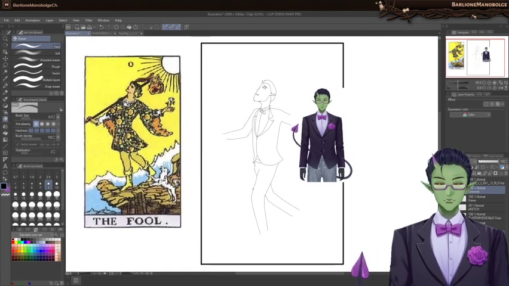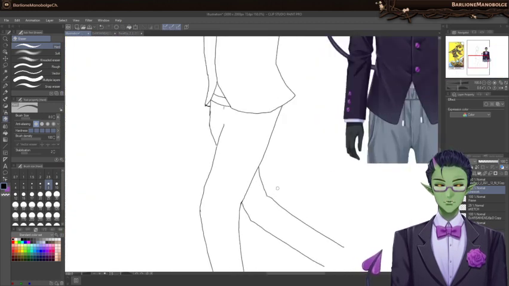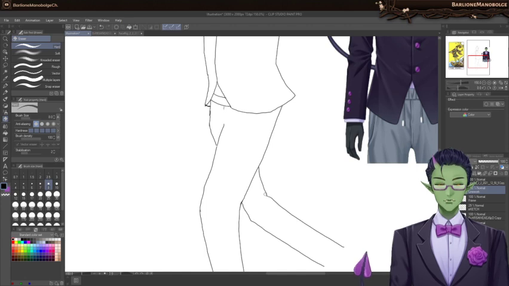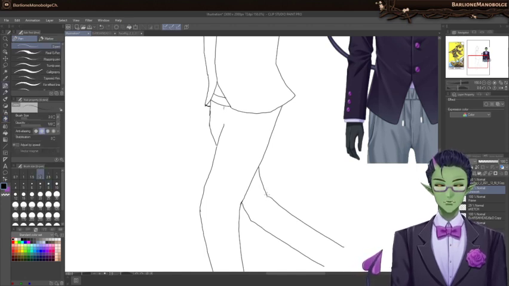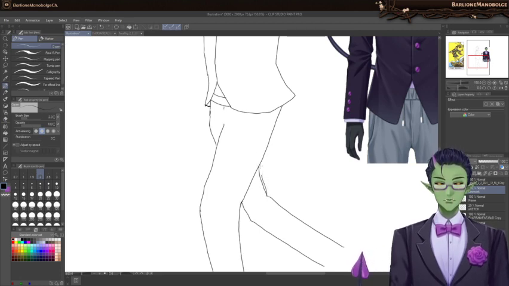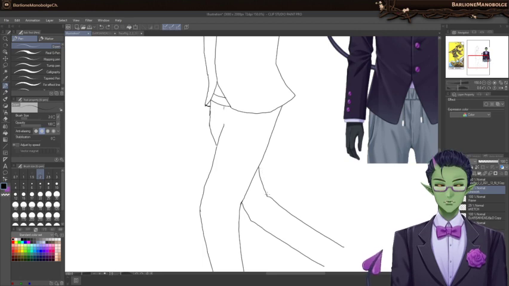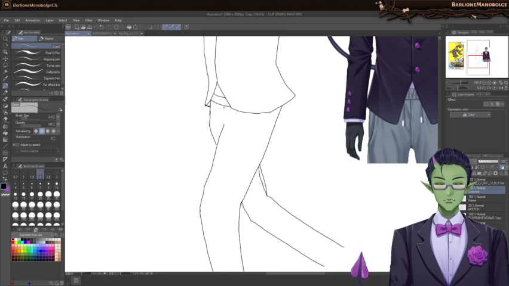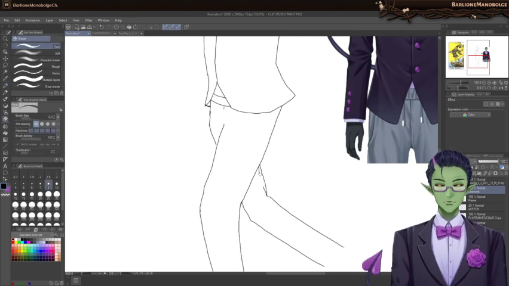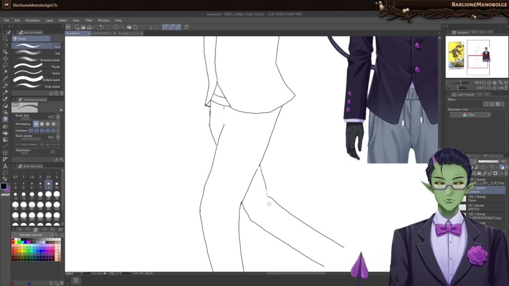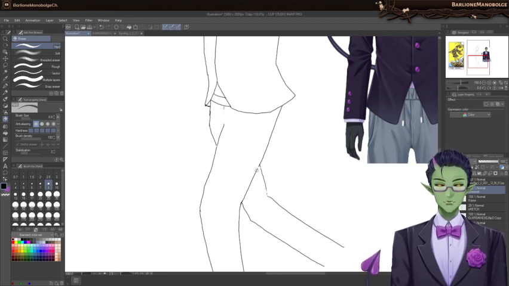Let's see. I'll keep going for a little while longer yet. I think this thigh also needs to be a bit wider, although it is in the background. Just give it a bit more to work with. It's a bit better, I suppose.